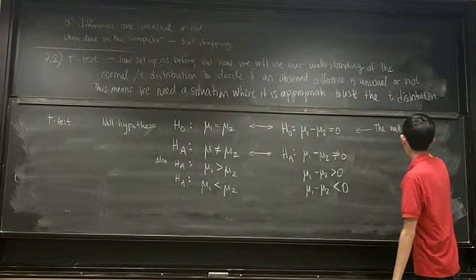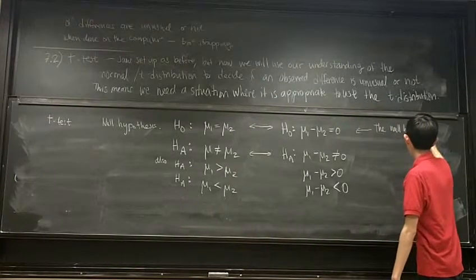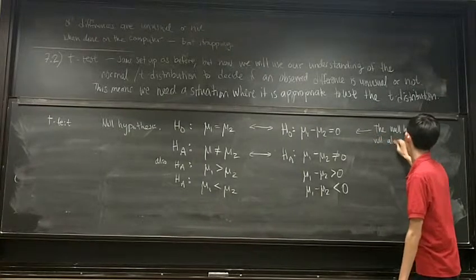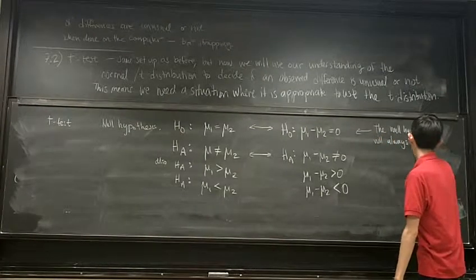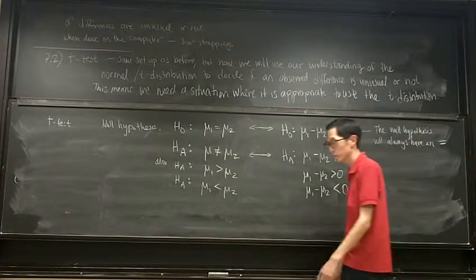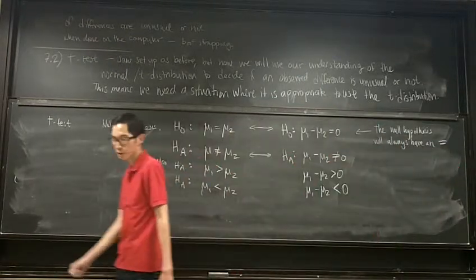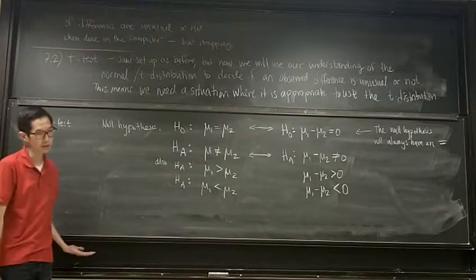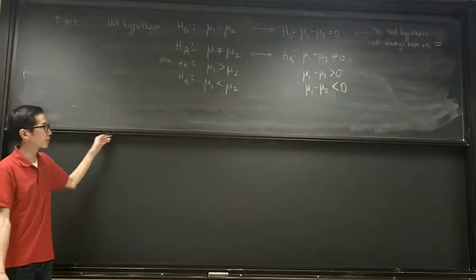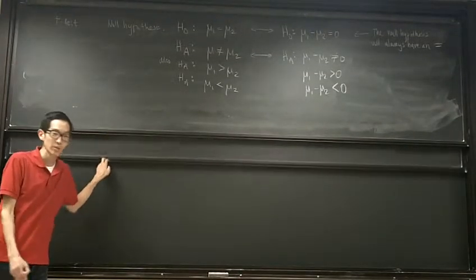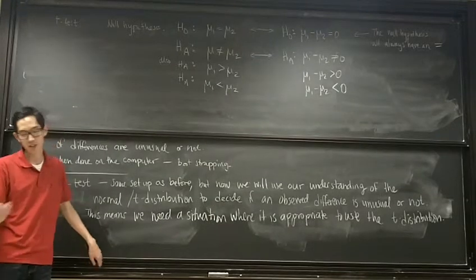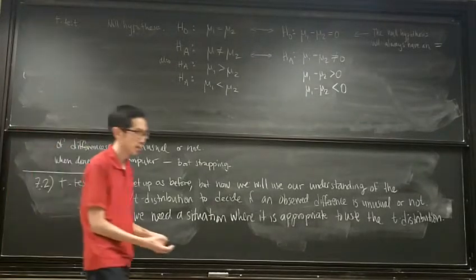The null hypothesis will always have an equal sign. The alternatives can have not equal, greater than, or less than. And we use the greater than or less than when we're only interested in a certain direction, what we call a direction.